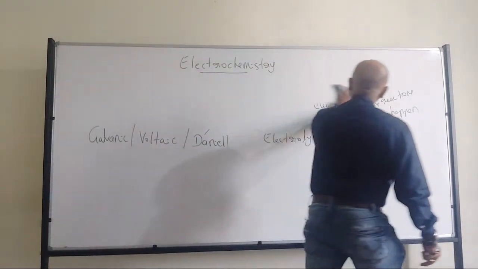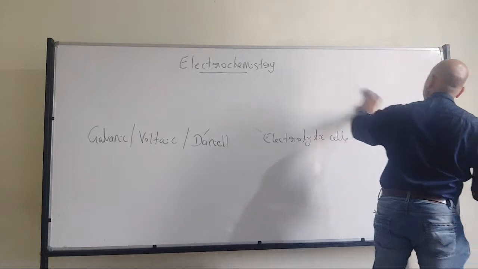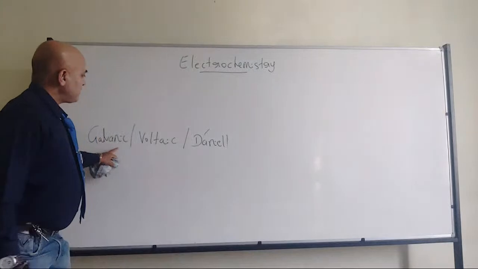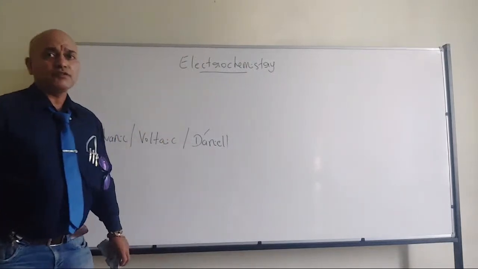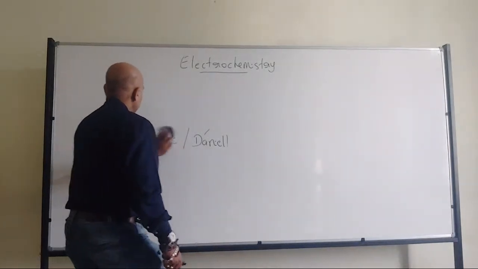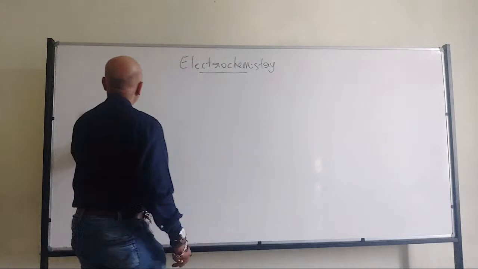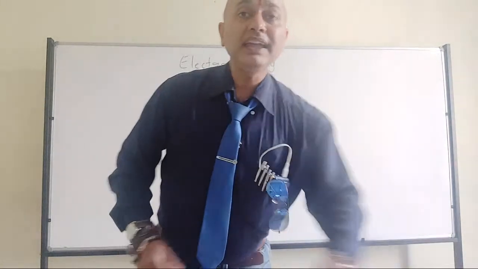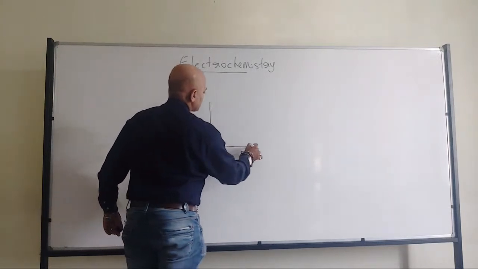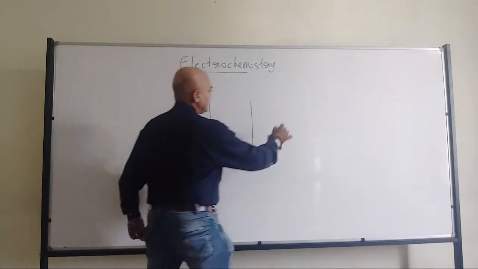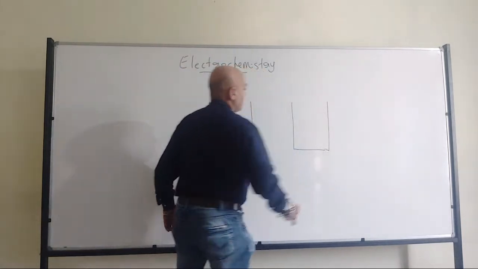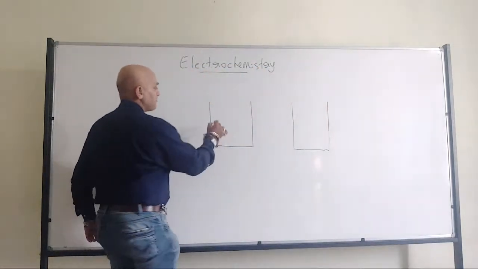So when I am dealing with electrochemical cells, why galvanic, voltaic and Daniell? Why three different names? I am going to explain that, but before that, you should know what you mean by anode and what you mean by cathode. If I want to draw the diagram of a particular cell, there will be two containers where electrolytes will be present.